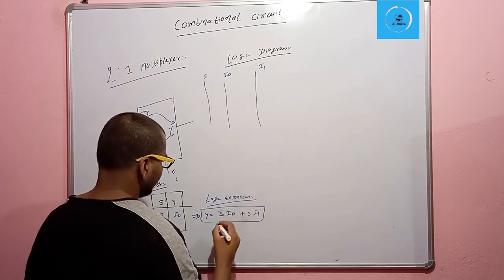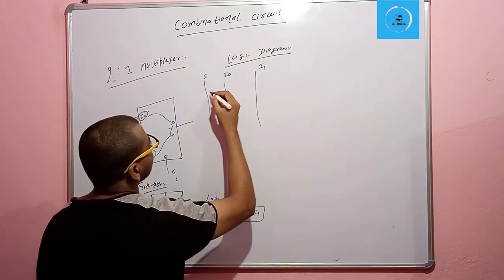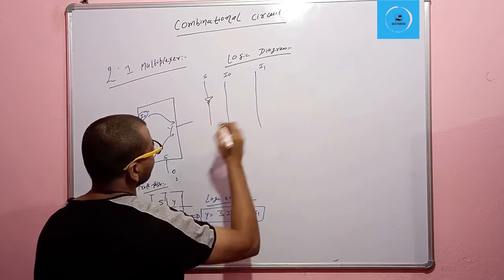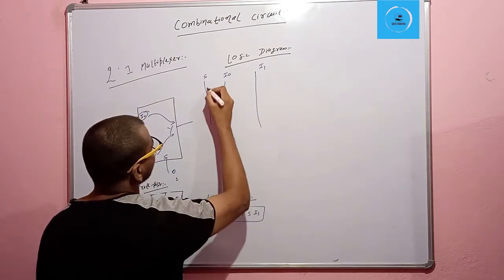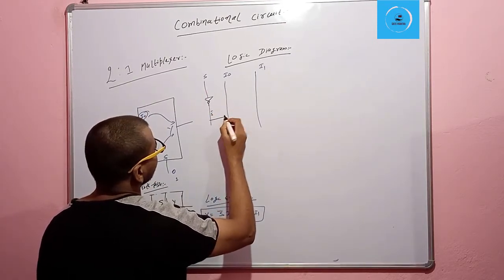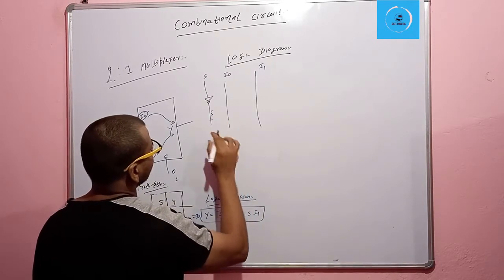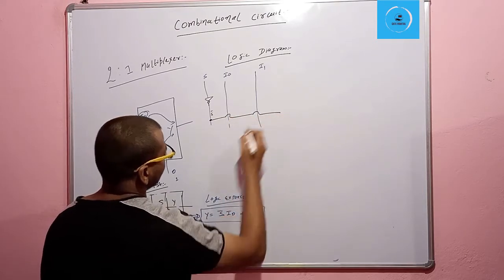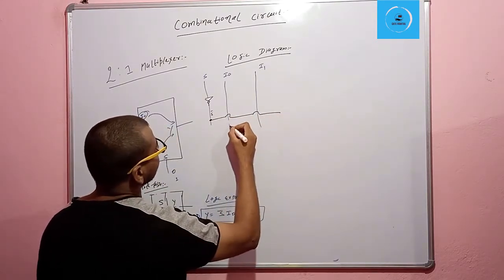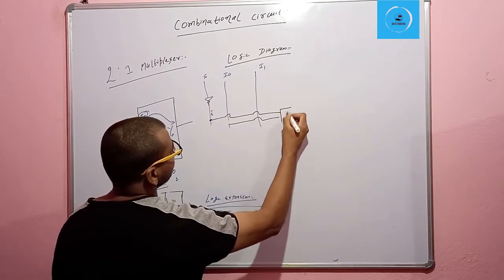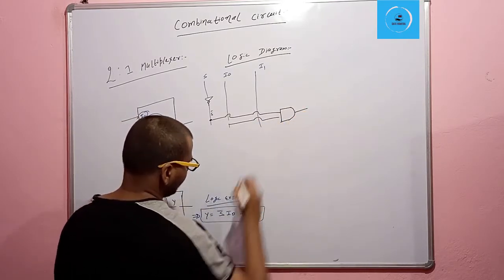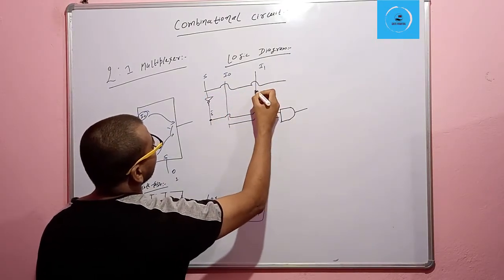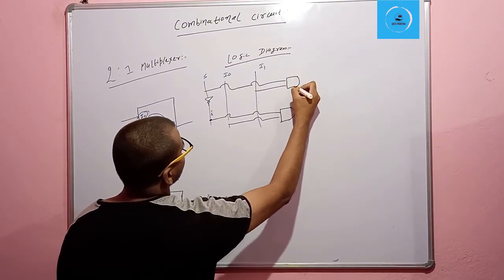So here it will be S bar. Then S bar and I0 go into an AND gate. And then S and I1, here is one more AND gate.